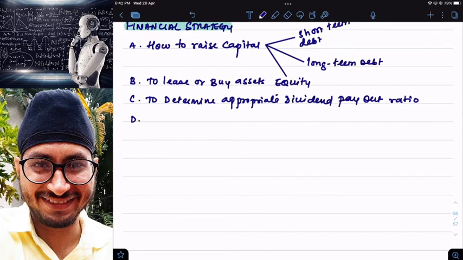Then, to extend the time of accounts receivable. Means, should I give a longer credit period to my customers, that is my debtors? If I give them more time to pay, the receipts will be delayed.